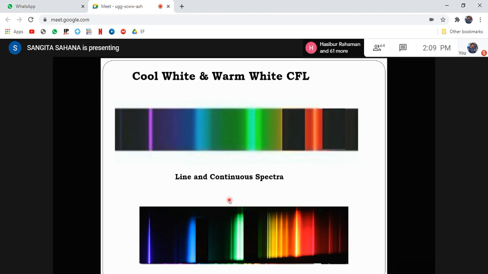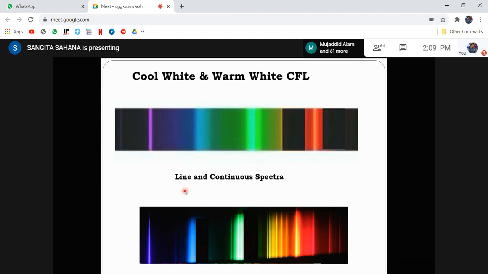If you see these two figures at a time, for cool white light, which emits bluish light, you can see the maximum radiation is in the bluish greenish region, and it's very minimum in the red yellow orange range. But for the warm white, the maximum radiation is in the yellow reddish region, and it's very less in the lower wavelength region.